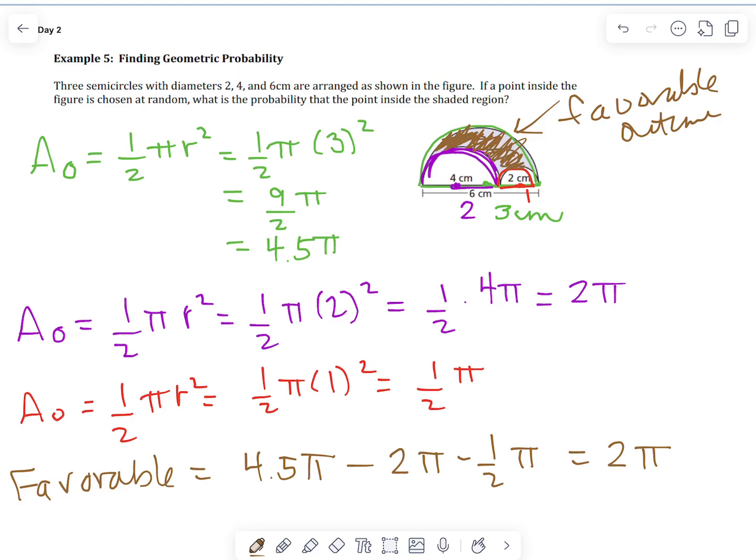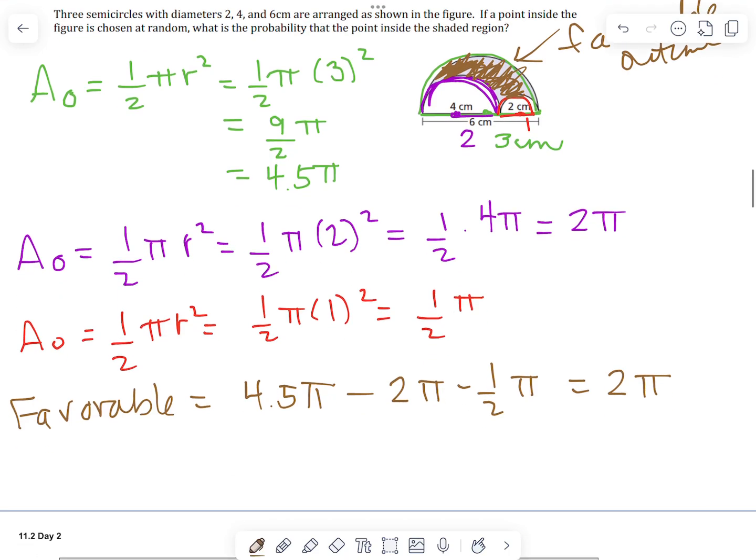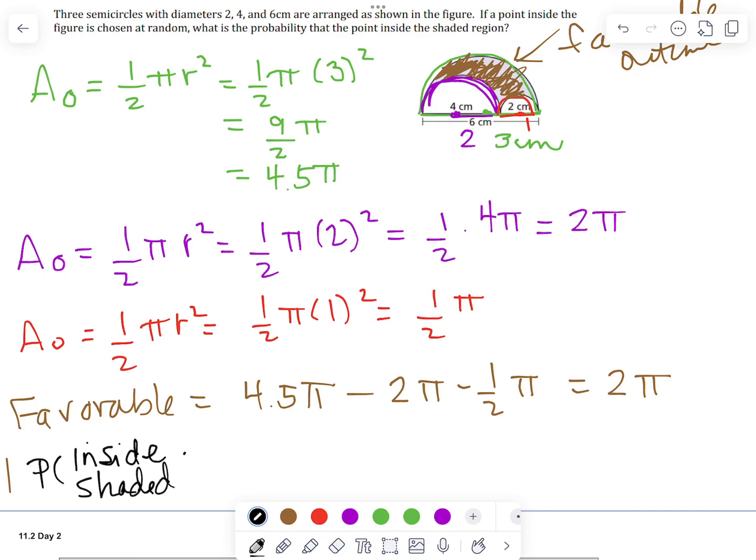Now we're going to go ahead and answer the question. If a point falls inside of that brown region, what is the probability that the point is inside of it? So we do take the entire sample space. So the entire sample space is this green half circle, which was 4.5 pi.